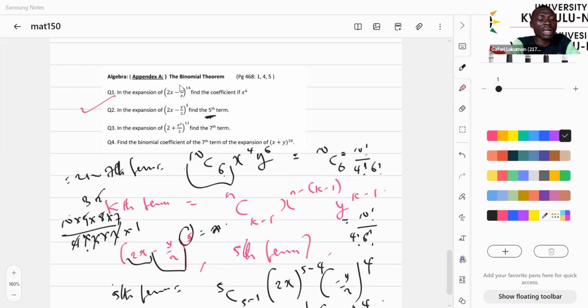When we found the fifth term, we noticed that the expansion was something raised to power 4. So when you want to find that, what are you going to use? Maybe I should write you the formula as well. Let me get you the formula.